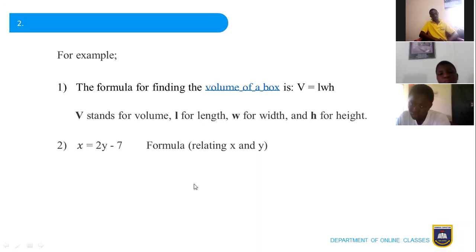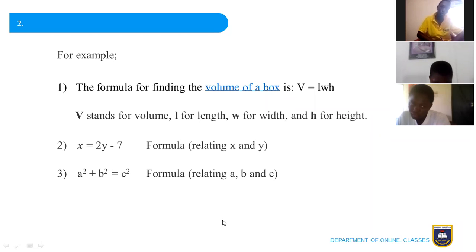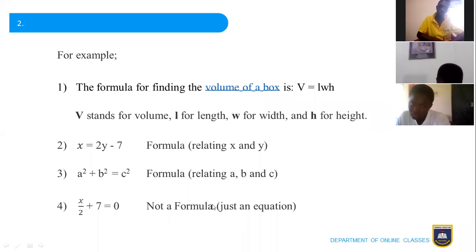We looked at a squared plus b squared equal to c squared as a formula connecting the three variables a, b, and c. And then the fourth one, we said x over 2 plus 7 equal to 0. This is just an equation because a formula should have at least two quantities or two variables.